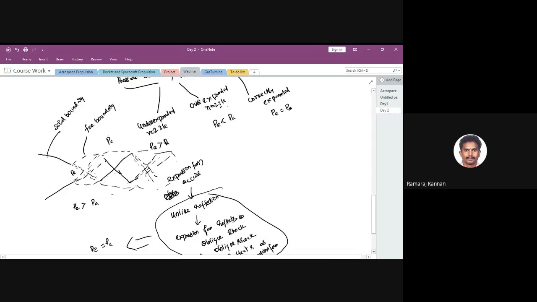In the case of an over expanded nozzle, at the exit you are going to have an oblique shock. This oblique shock further has the same unlike reflection only. Your oblique shock reflects as an expansion fan, and your expansion fan reflects as an oblique shock.